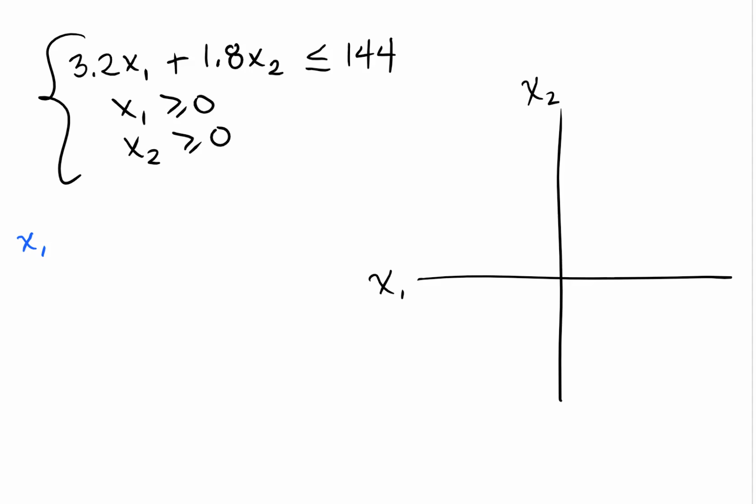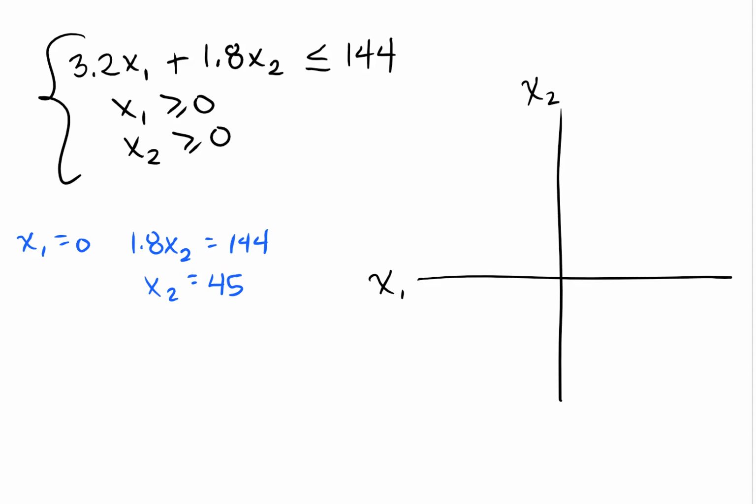If x1 is equal to 0, then we have 1.8 x2 equals 144, and so x2 is going to be 144 divided by 1.8, and that should come out to 45.